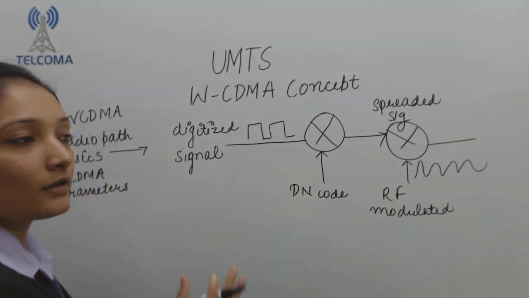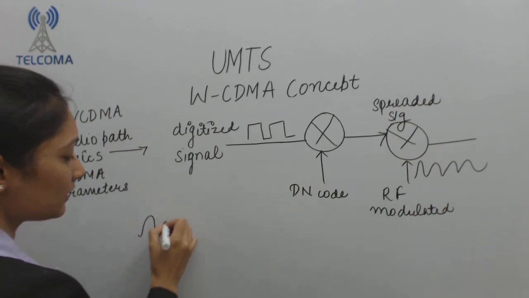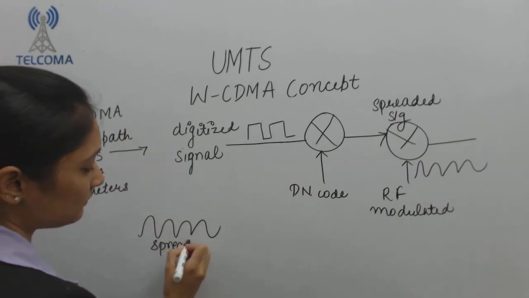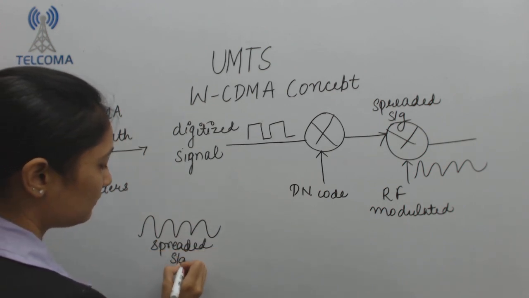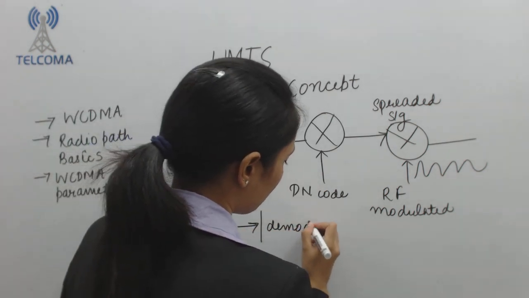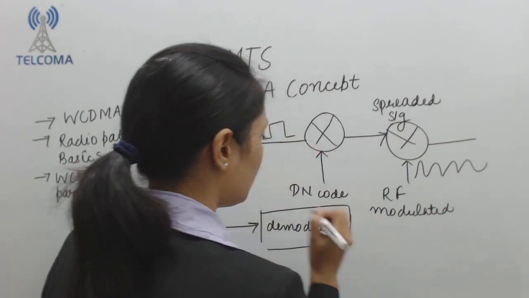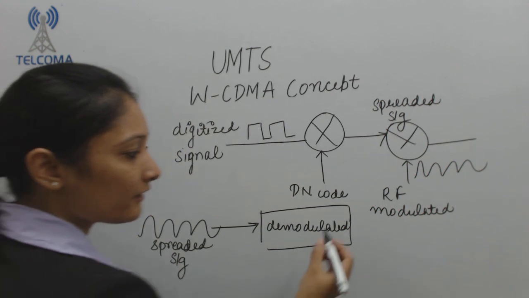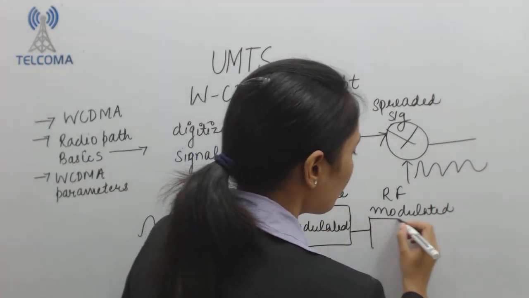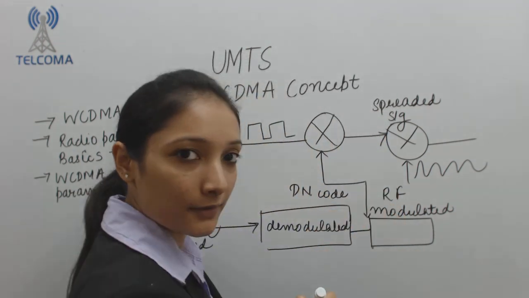Now what will happen at the receiving junction? At the receiving side, we will have our spreaded signal. Now this spreaded signal will be demodulated. Now here we'll have the demodulated signal. So in order to decode the information, the same PN code will be used here.